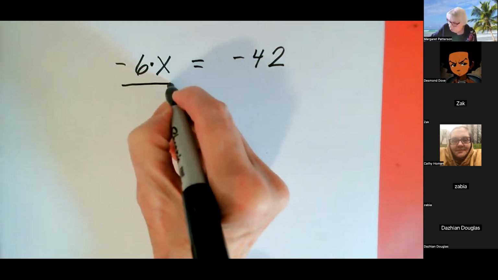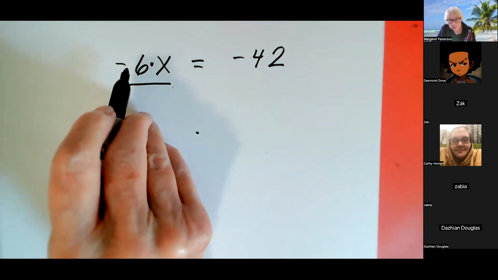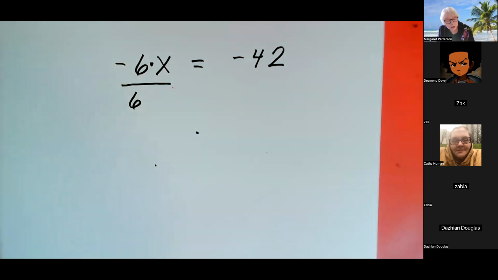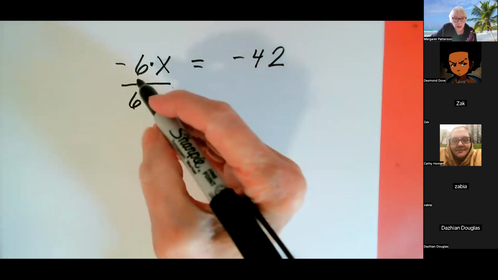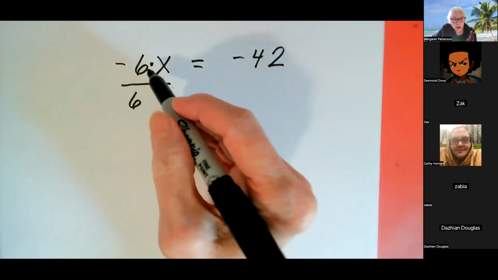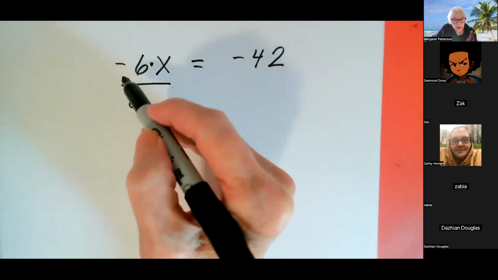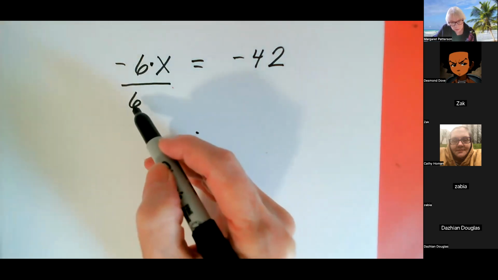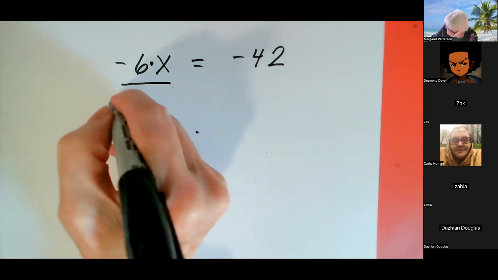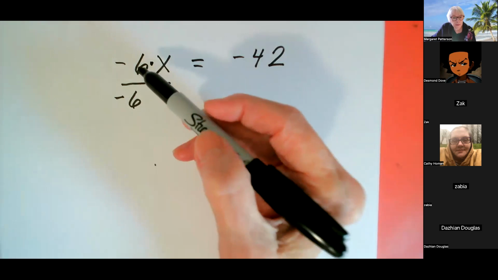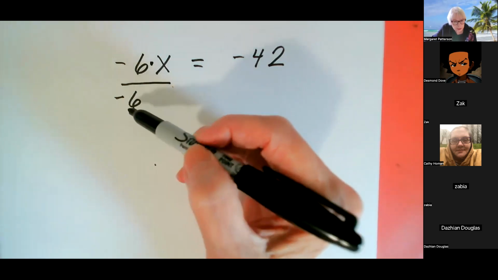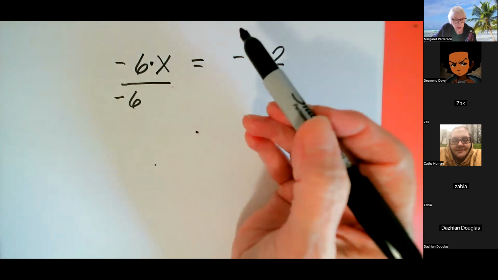And when you get rid of this number, you can't just divide by 6, because this is negative and this is positive, that would end up negative. What you have to do is divide by the same number and the same sign. So if we divide by -6, the 2 negatives will make it +1, and then the x will be left.